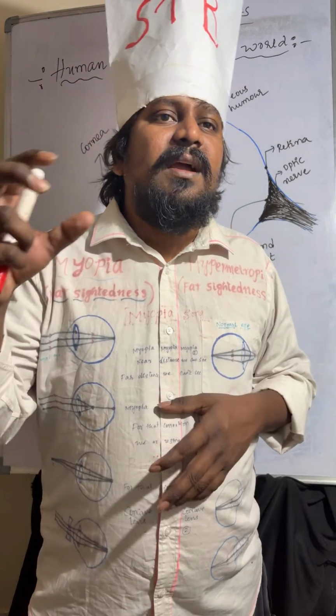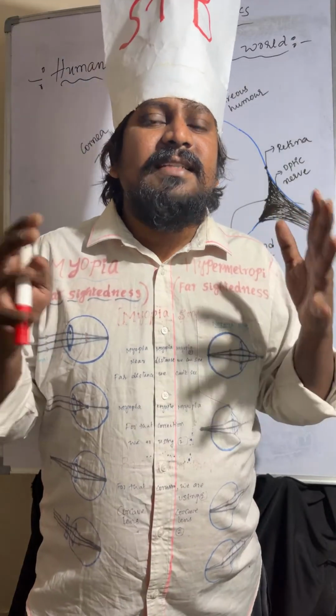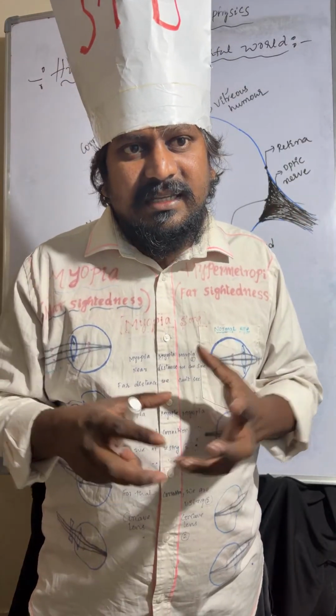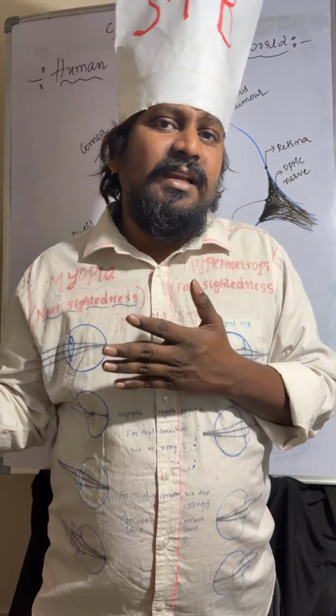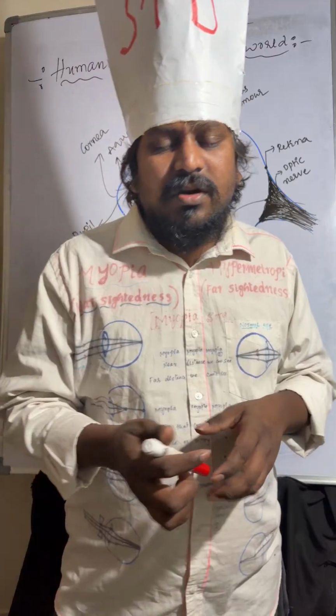Understood? Next one, coming to the retina. The retina is a light sensitive screen. There are two types of light sensitive cells: rods and cones.